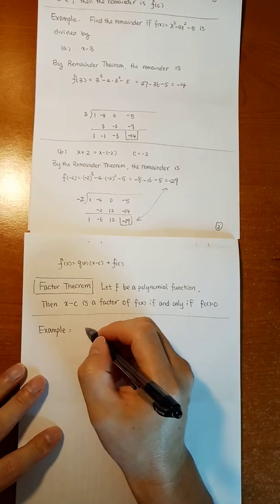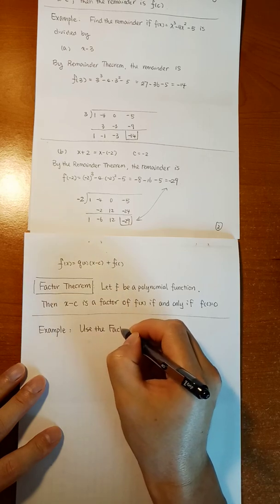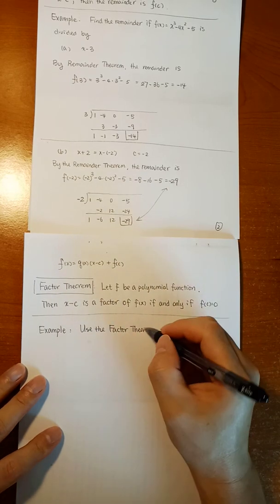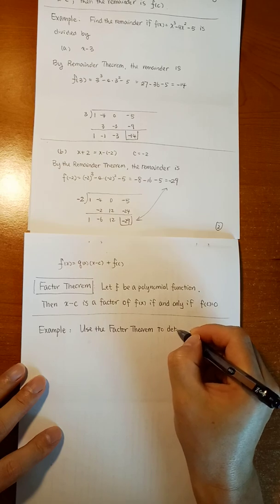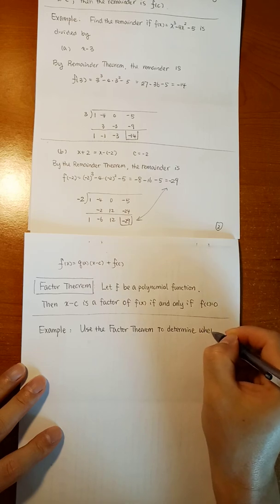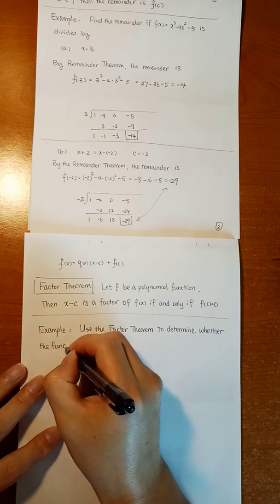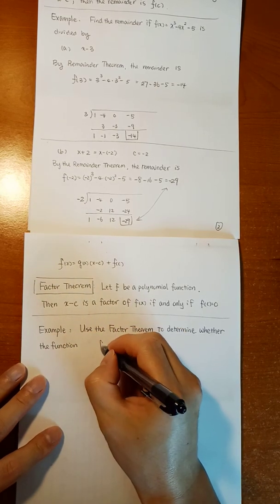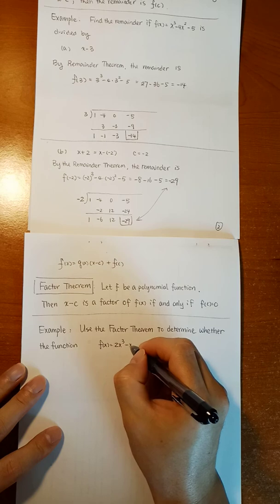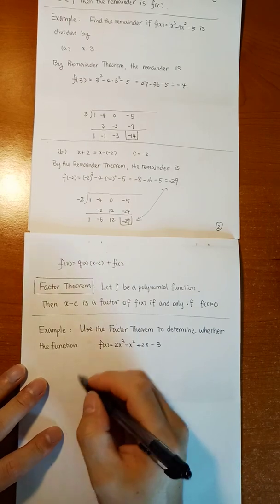Factor theorem. So use the factor theorem to determine whether the function f(x) equal to 2x cubed minus x squared plus 2x minus 3 has a factor.